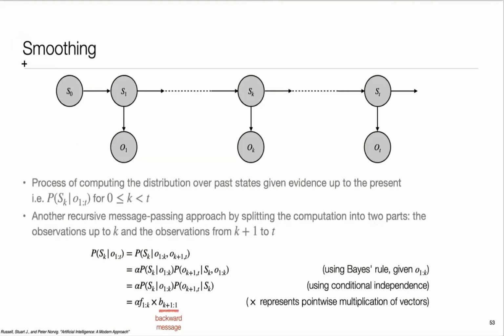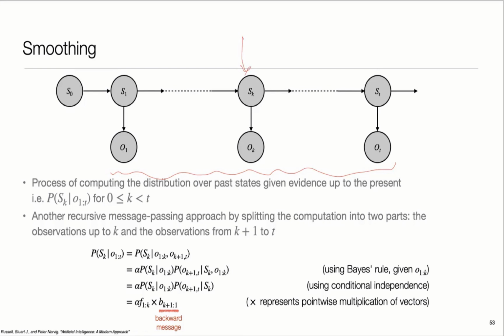Okay, so next up is smoothing. If you recall, the problem in smoothing is that we are given observations up to some time, and we are trying to now find what the state was at some time in the past.